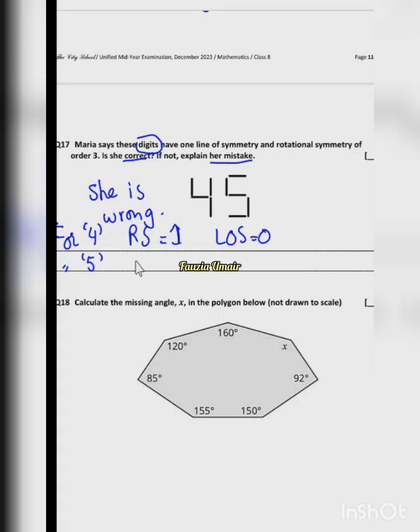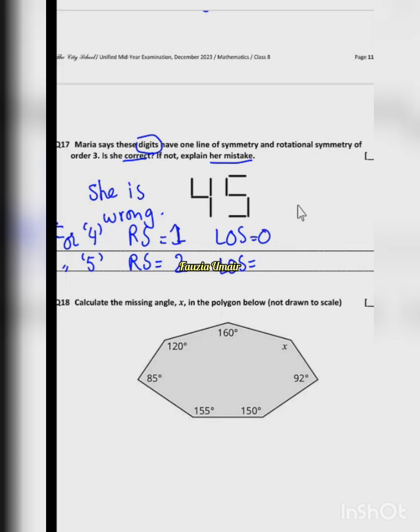who can tell me what would be the rotational symmetry for digit 5? Ma'am, 2. It would be 2. And what about the line of symmetry? 1. How? Oh wait, no, 2. Like how? Ma'am, one horizontally and one vertically.